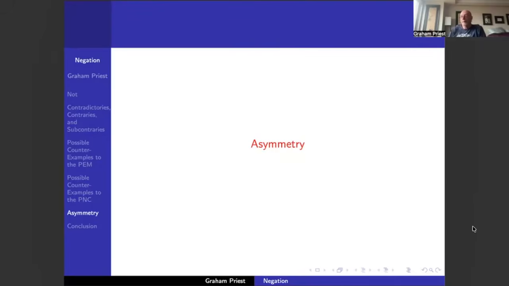You might debate the counterexamples, they're contentious, but in that respect, they're symmetrical. The situations concerning excluded middle and non-contradiction are symmetrical. But that's not exactly true. Because once you move away from particular possible counterexamples and look at general arguments, the symmetry disappears. One of those principles appears to be more secure than the other, and it may not be the one you think it is. So let me explain.